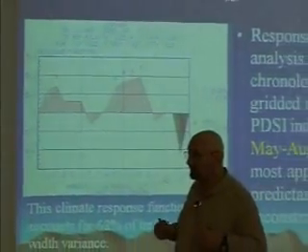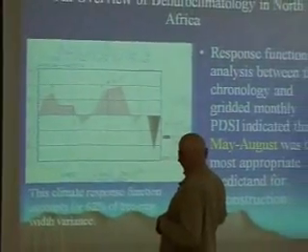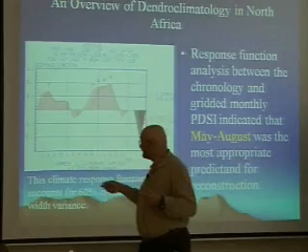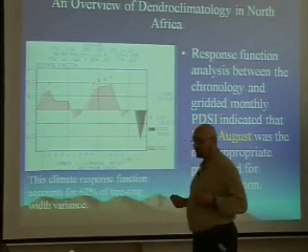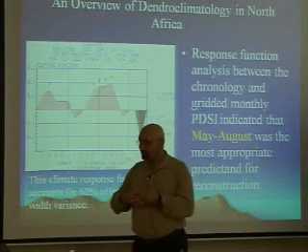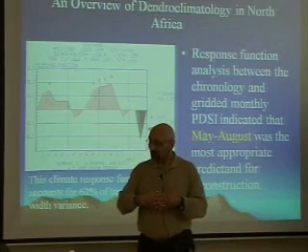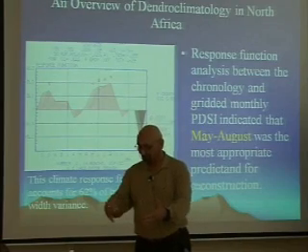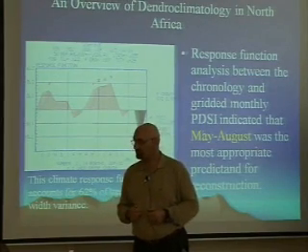Like in North Africa, we found, for example, the Palmer Drought Index. The Palmer Drought Index is a combination of water, precip, temperature, soil moisture, and soil structure.